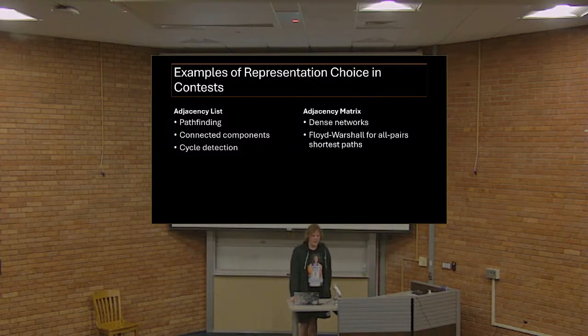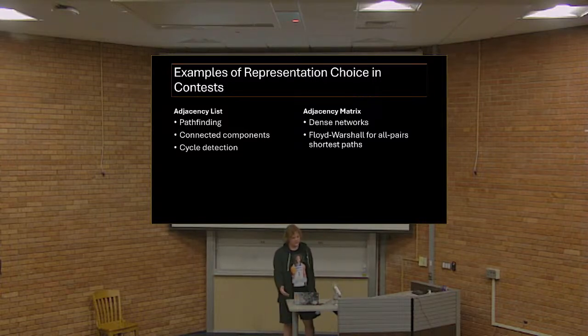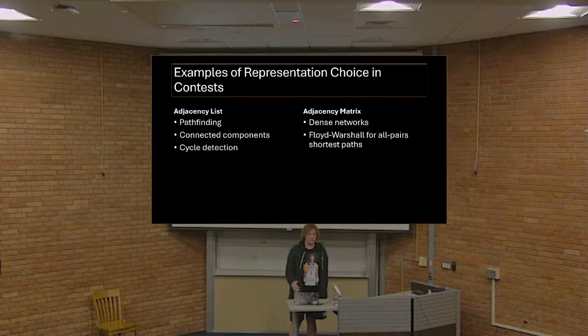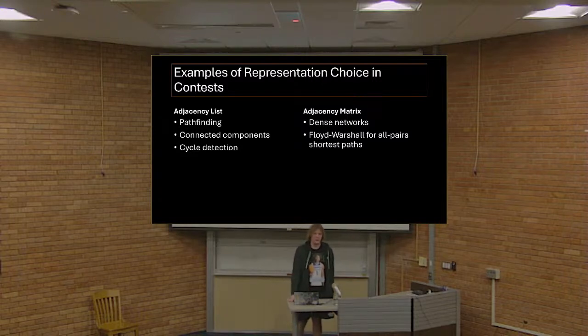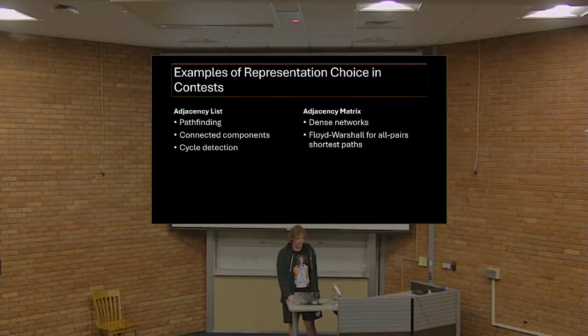If I'm doing pathfinding, checking if something's connected, or looking for cycles, I'm going to use an adjacency list. It's going to be a lot faster for that. But if there's a really dense network, or I need to check the shortest paths between all pairs, which is a really heavy algorithm, it's going to be better to use an adjacency matrix, but that's more of an edge case.